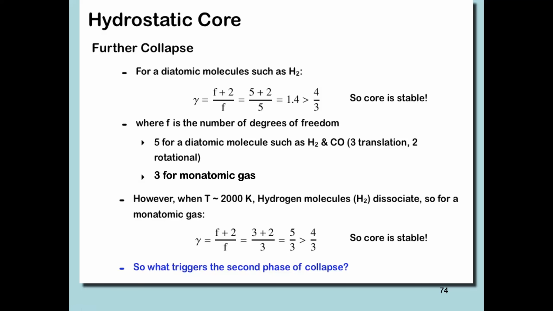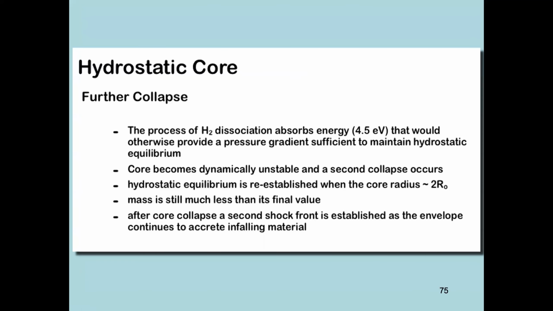But we forgot about a little particular thing, and that is that the process of H2 dissociation takes energy. I told you, it's 4.5 electron volt. Where does this energy come from, if not from the cloud? There is nothing else. There must be conservation of energy, at least here.